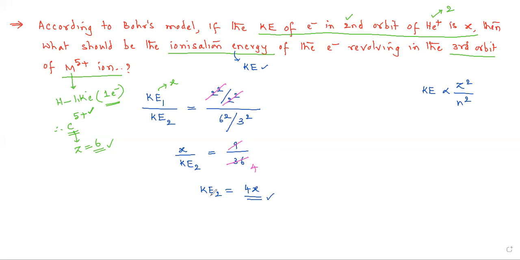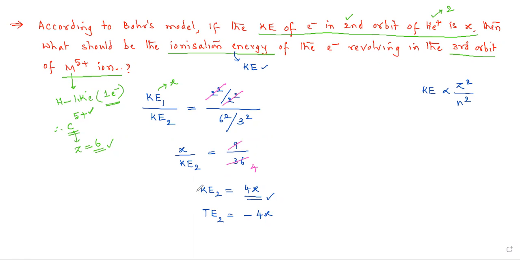Yes. So this is the kinetic energy of electron revolving in the third orbit of this M plus 5 ion, I mean the second case. From this, can we write the total energy? I told you very clearly that kinetic energy and total energy have got just one difference. Kinetic energy has positive magnitude, whereas total energy has negative magnitude.